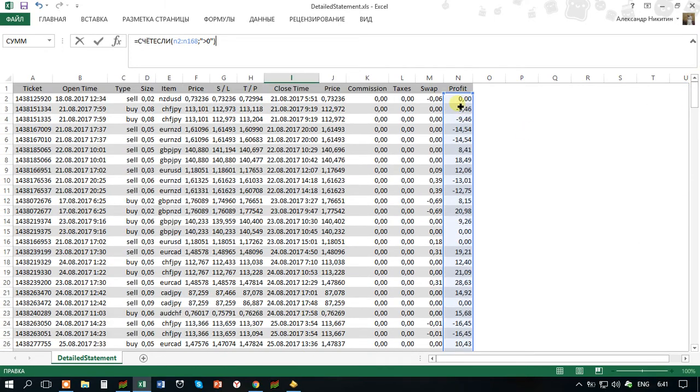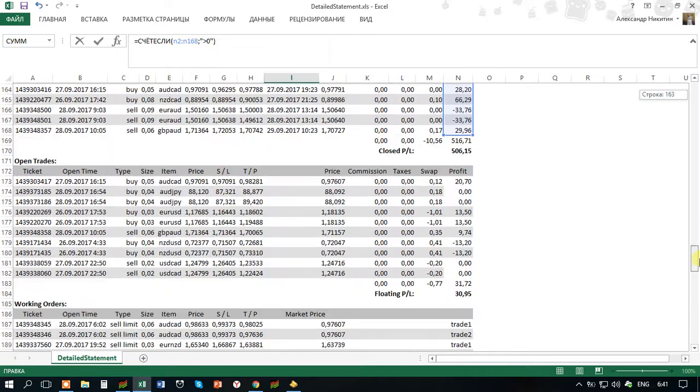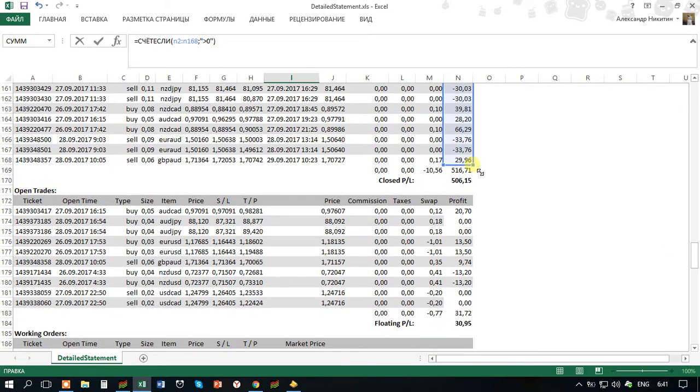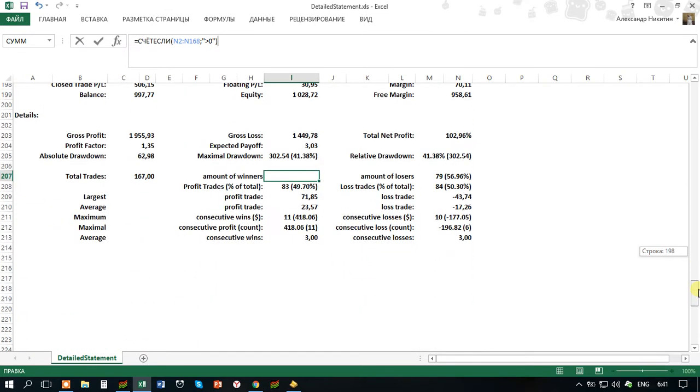You can see it is highlighting from this, that's why N2, not N1. You can also modify it if you wish, just doing this. Watch this number, it changes when I stretch the range. So within this range, calculate how many winners I have.